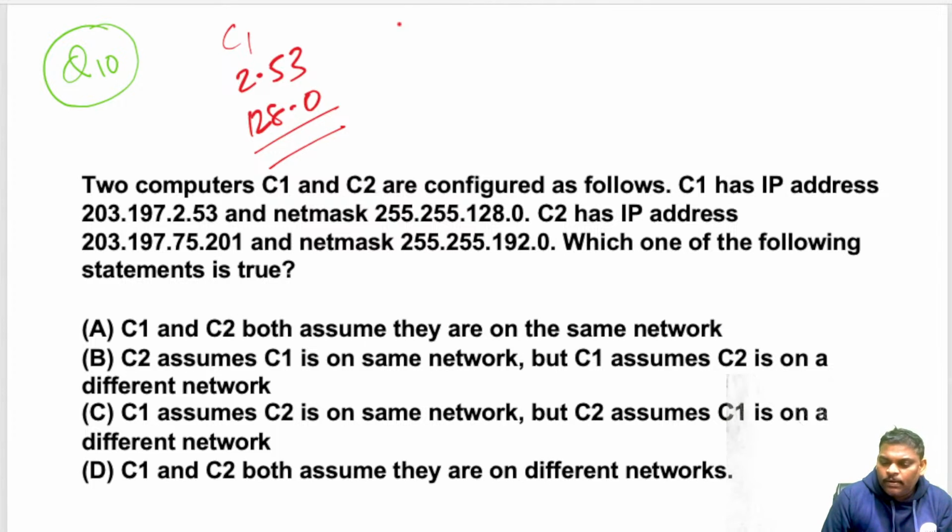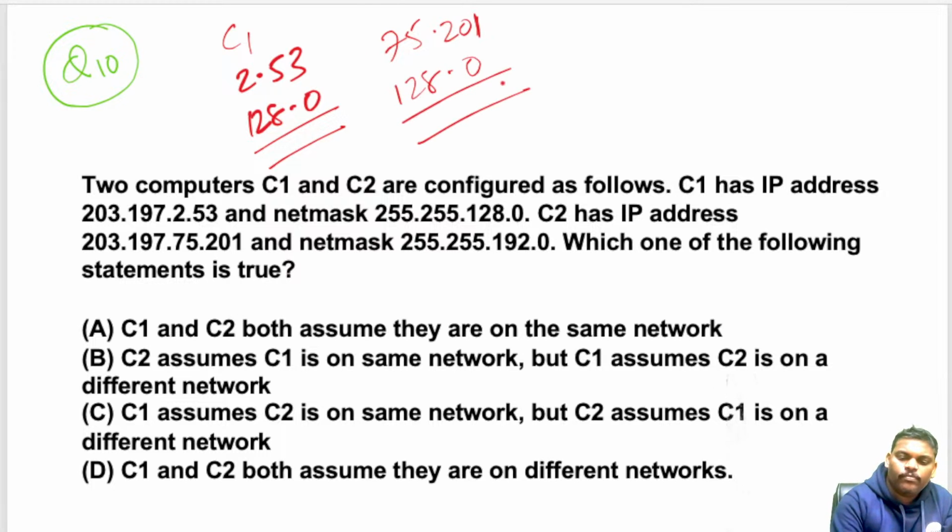And C2 is 75.201, mask 128.0. With the C1 mask, I do C1 and C2. With the C2 mask, I will do C1 and C2.